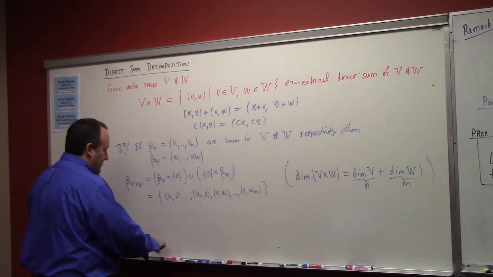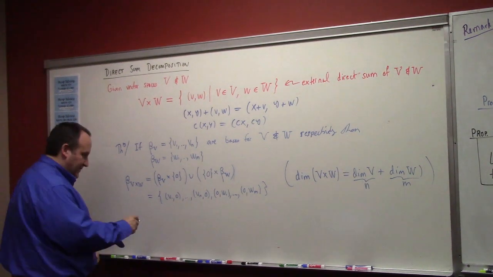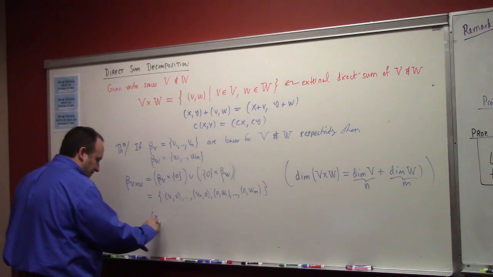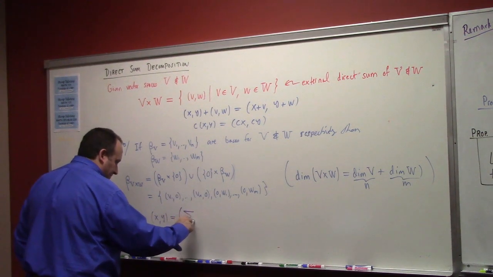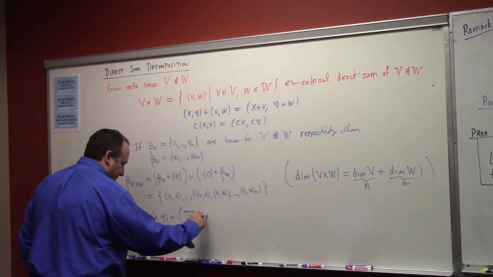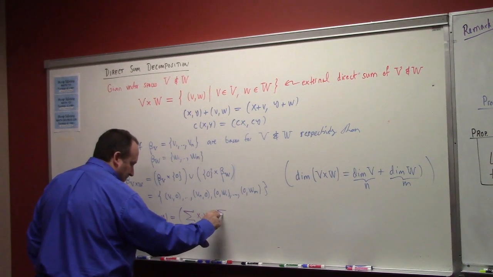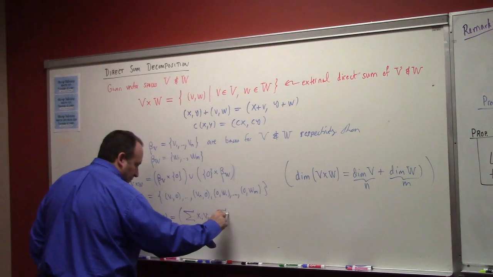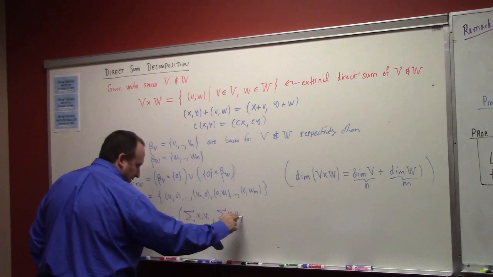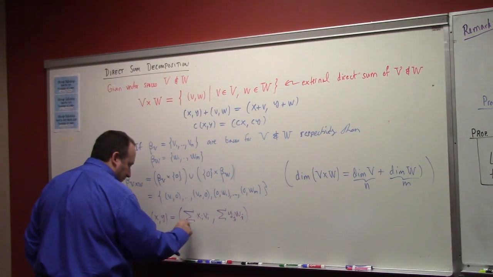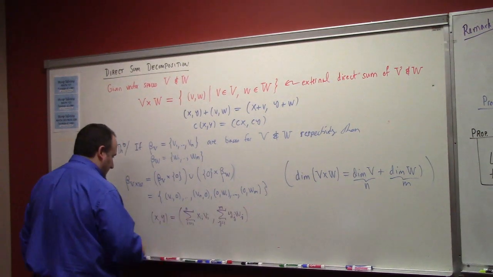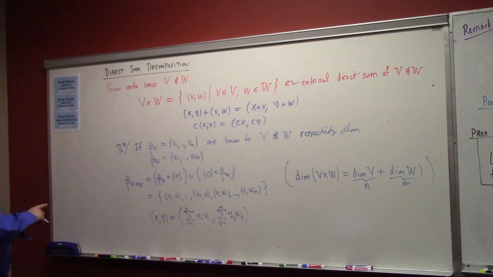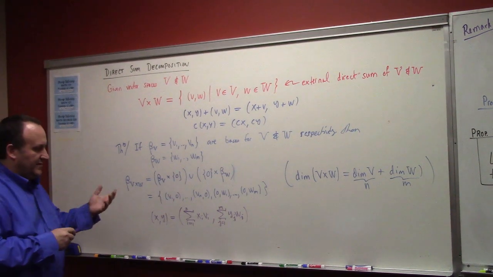The proof that that's a basis is kind of fun to go through. It doesn't take long. If I've got x and y, I can rewrite that as a sum of Xi Vi, and a sum of Yj Wj, i equals 1 to N, j equals 1 to M. So this is for an arbitrary point in the external direct sum.